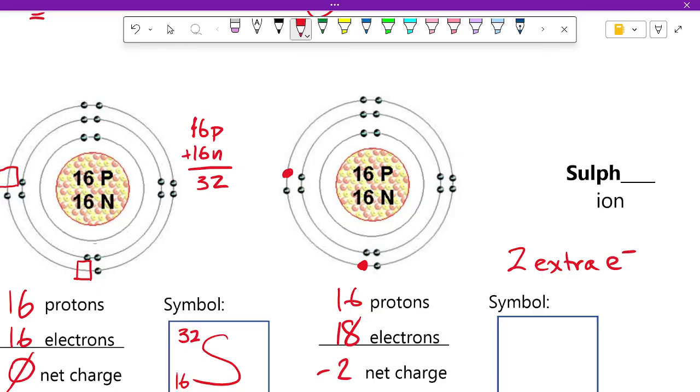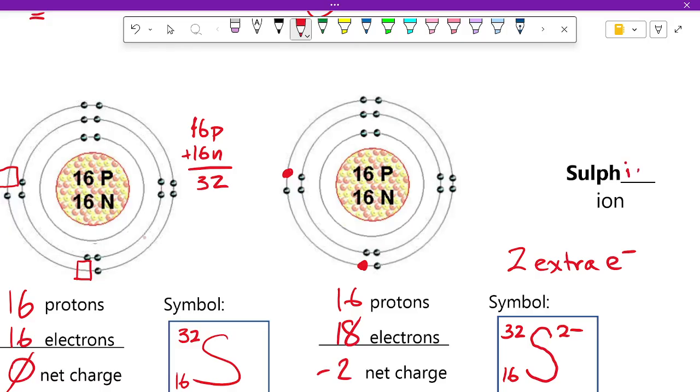And so our symbol would be sulfur with a 32 and a 16. And where does the -2 go? Top right. I'm going to put 2 negative, but if you put -2, that's okay. What does the name become? It's not sulfur anymore.